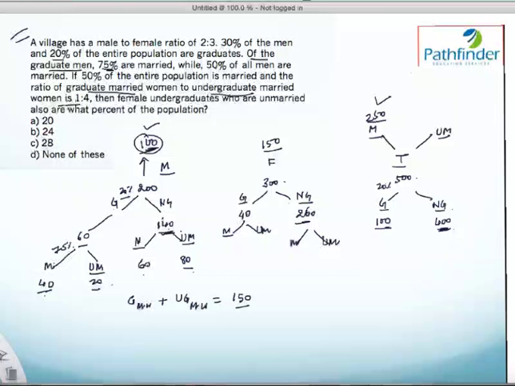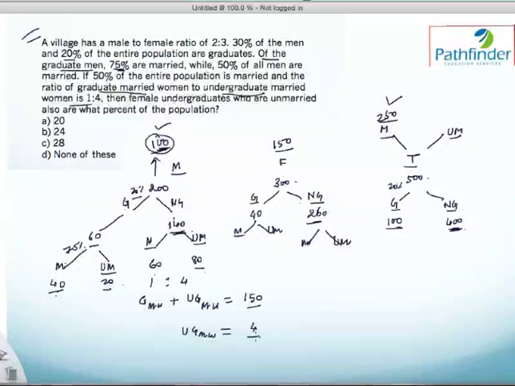And further it is given in the question that the ratio of graduate married women to undergraduate married women is 1:4. Because this ratio is 1:4, undergraduate married women must be 4/5 of 150, which is equal to 120.